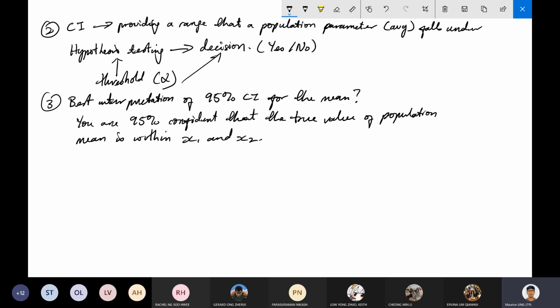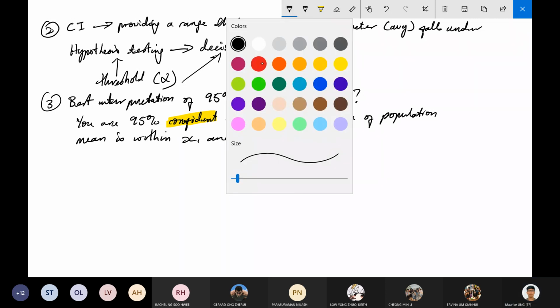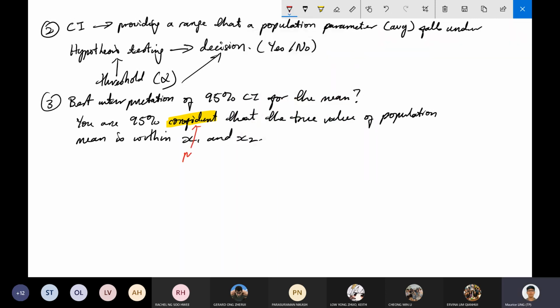Is that what you say? Yeah. Okay, so it's actually not wrong. It's a correct interpretation, but it's not the best interpretation. I'm not saying that it's wrong. The way to make it wrong is the word confidence: if you change this confidence to probability, then it will be wrong.